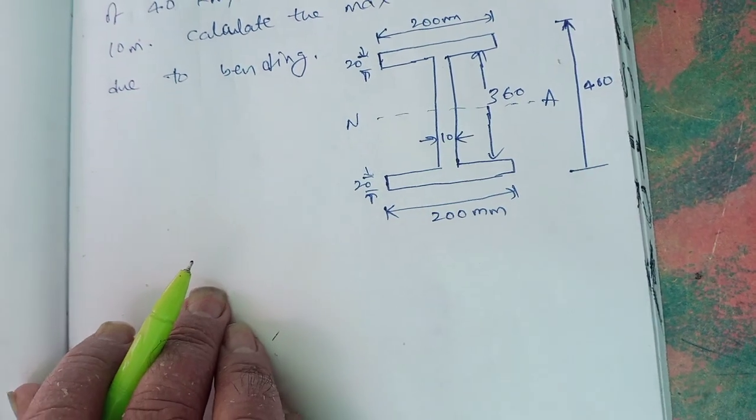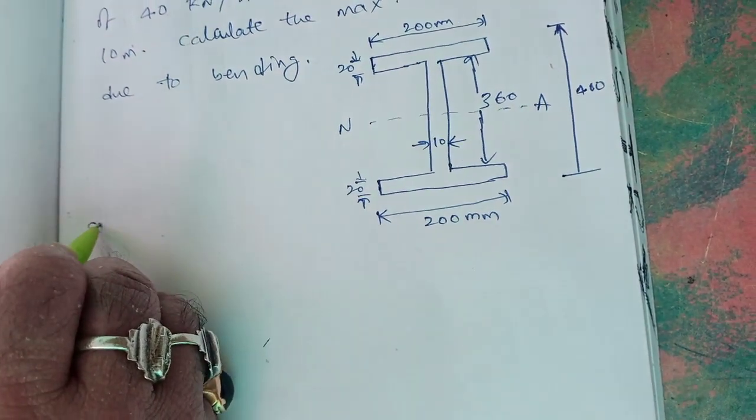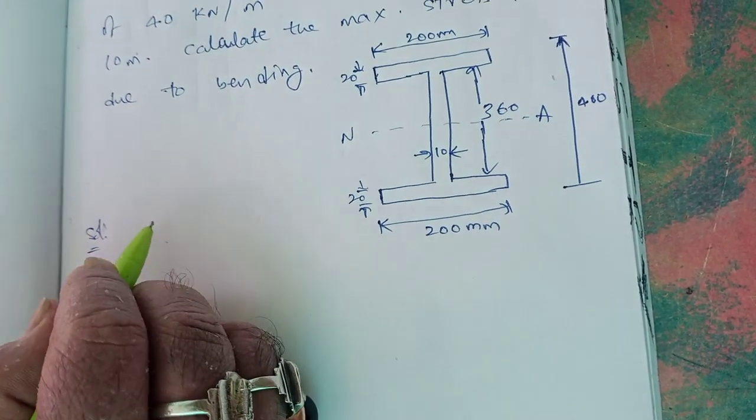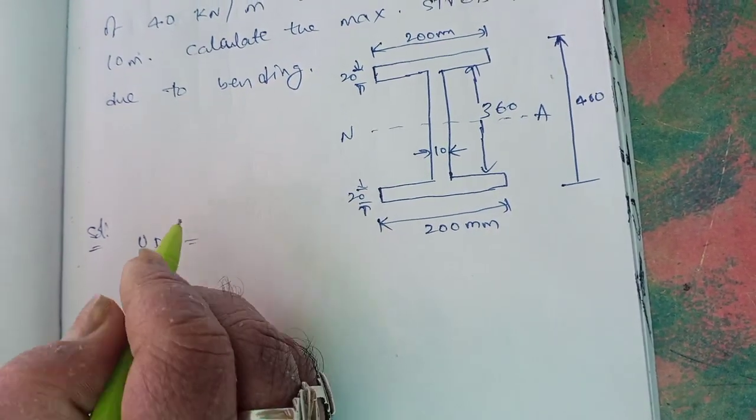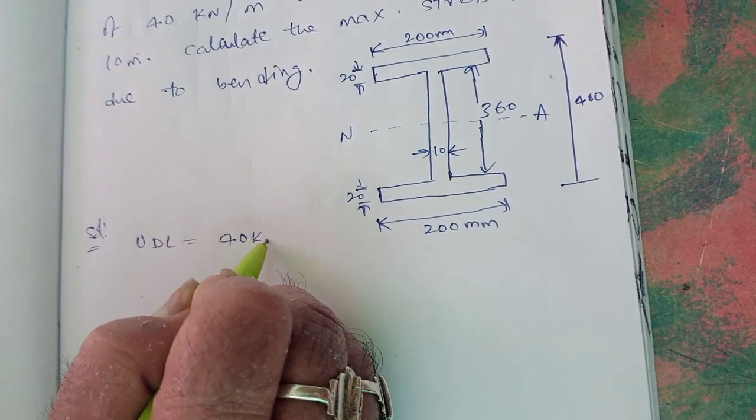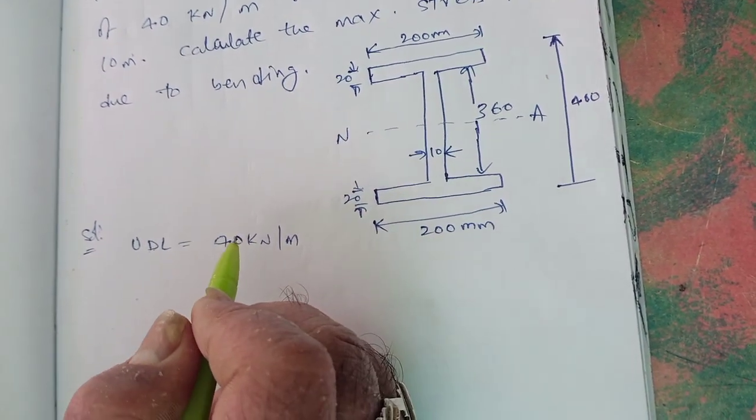Okay, now you can see the solution. Here UDL is given, that is 40 kilonewton per meter.